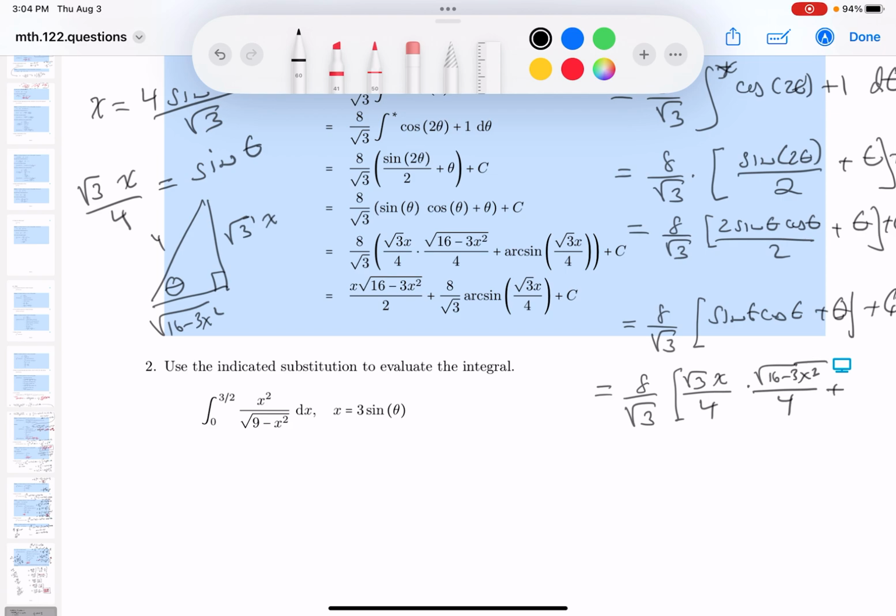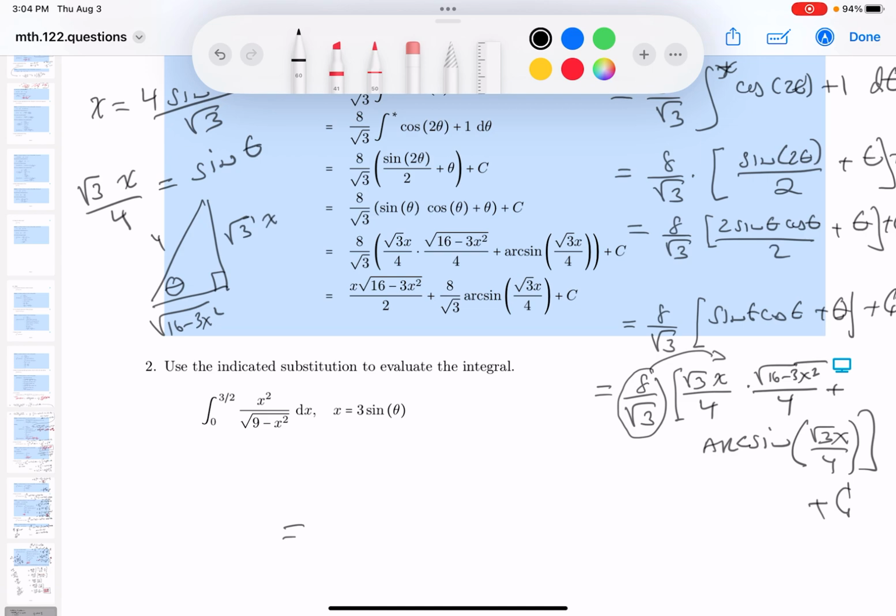What's the theta? It's going to be arc sine of root 3x over 4 plus some constant. Let's clean it up a tiny little bit. I'm going to take this and distribute it against the first term.